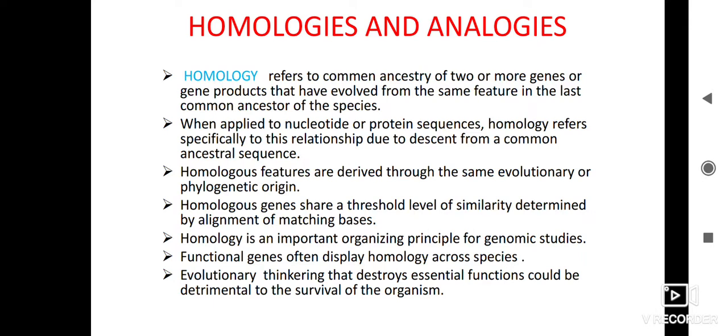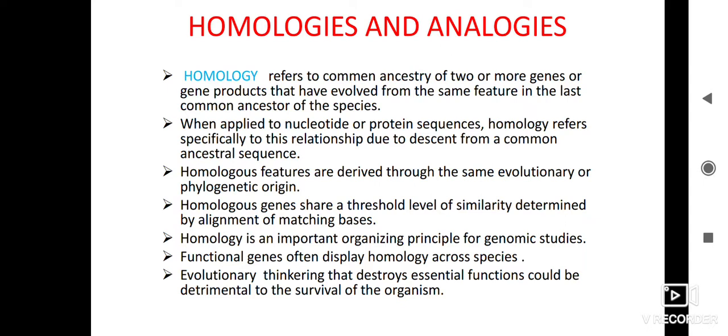Homologous features are derived through the same evolutionary or phylogenetic origin. Homologous genes share a threshold level of similarities determined by alignment of matching bases. Homology is an important organizing principle of genomic studies. Functional genes often display homology across species.